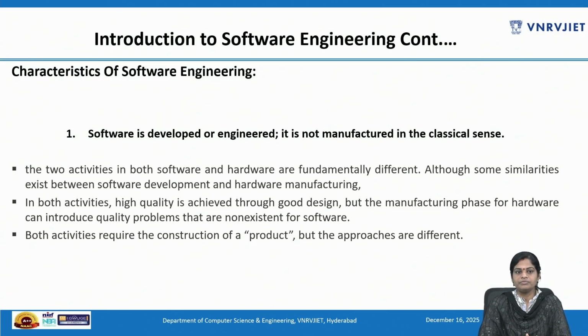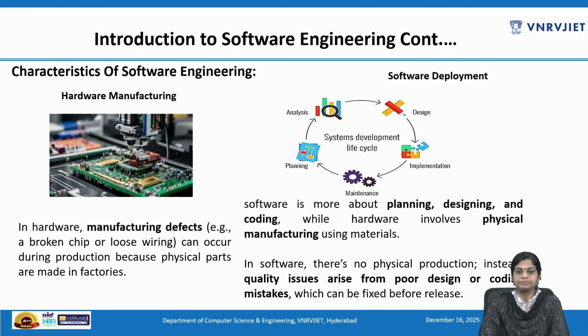Even though there are similarities between them, in both activities, through a good design, you can achieve high quality. But the manufacturing phase of hardware can introduce quality problems that are non-existent for software. Both these activities require the construction of a product, but the approaches are different.